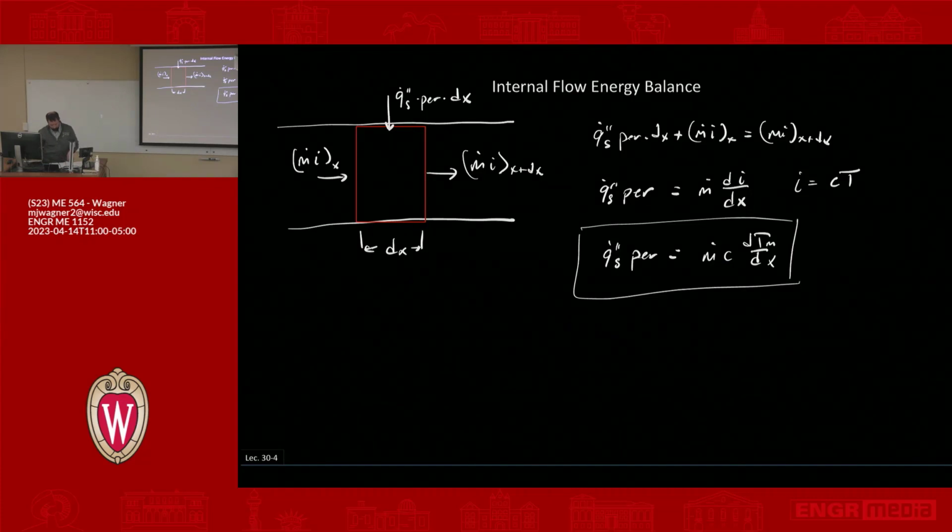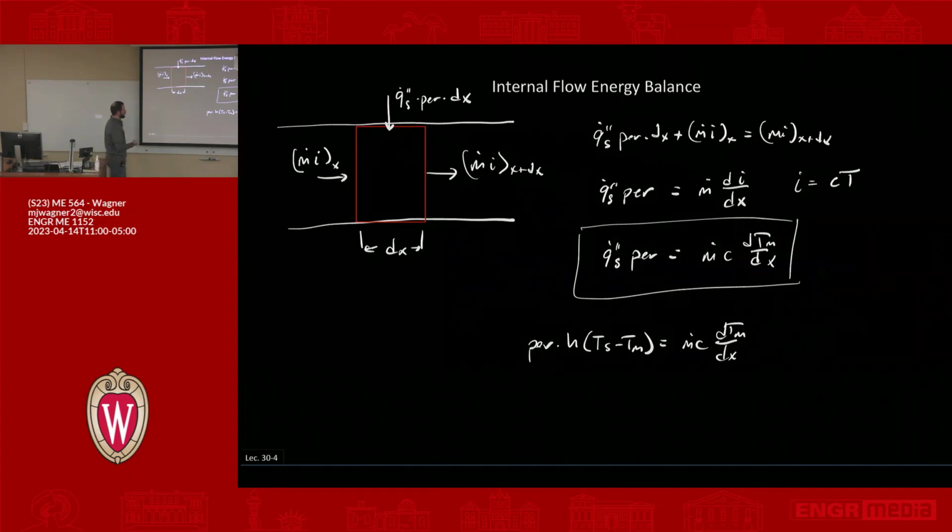We could equivalently write this, if we know the heat transfer coefficient is constant, as perimeter times h times Ts minus Tm equal to m dot c dTm dx. That's another way of writing it. It just depends on what's given to us. This would let us solve for an unknown surface temperature or an unknown mean temperature, or it would let us solve for an unknown surface flux, or vice versa.